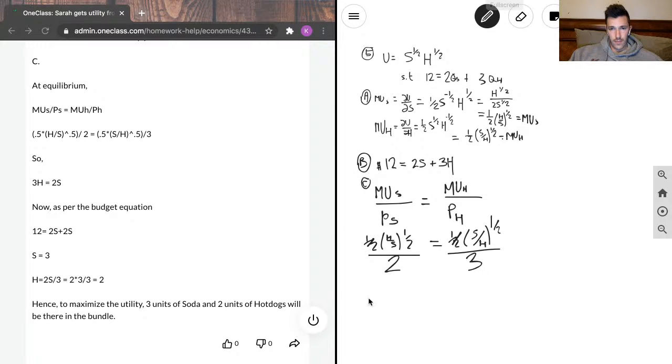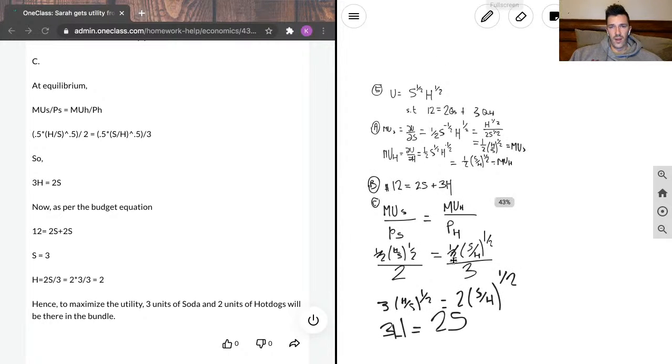We're going to get 3 (H over S)^(1/2) equal 2 (S over H)^(1/2), and that works out to 3H equal 2S.